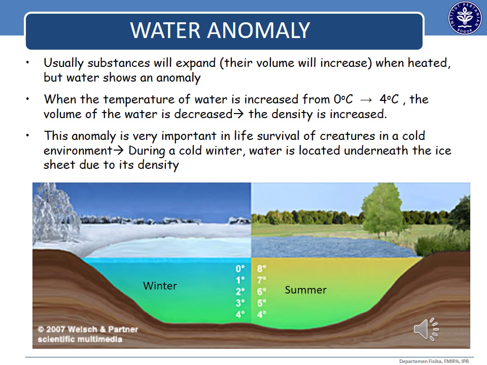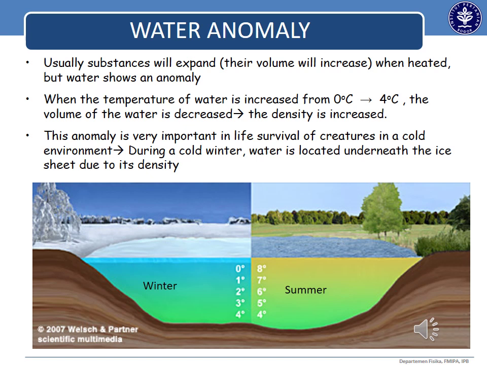But during normal times, during the summer, when the temperature is above 4 degrees Celsius, water behaves normally. So when the temperature is higher, the volume gets higher too. That's why water at 8 degrees Celsius has more volume as compared to the water at 7 degrees Celsius.